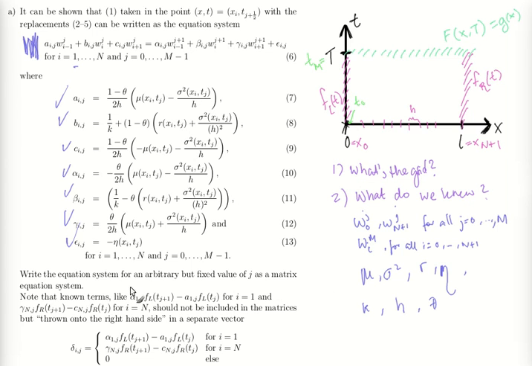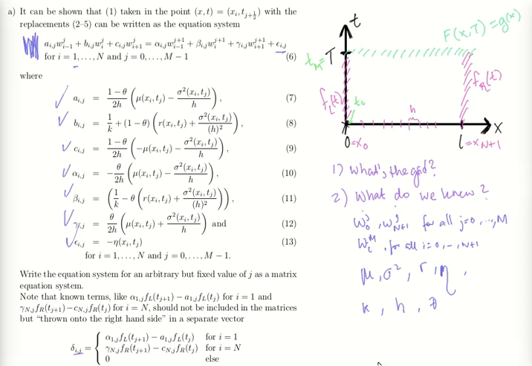So they address this in the exercise as well. The exercise actually helps us out a lot. They practically just give you the solution, where they say, note that terms like this and this and this are known, so you shouldn't include them in the matrices, but throw them onto the right hand side in a separate vector. So you have a separate vector epsilon j and a separate vector delta j.